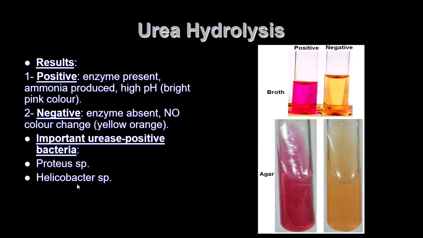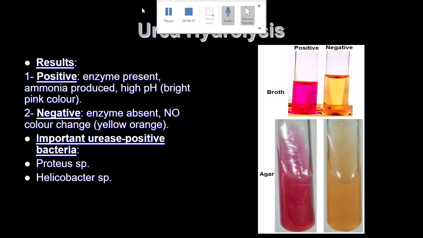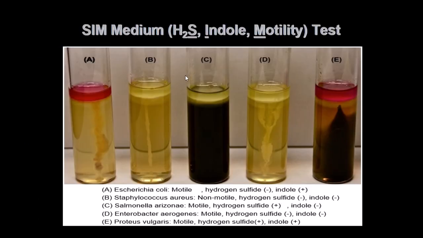No change of color means urease is not present if we are looking at the Christensen's urea media. So those biochemicals are extremely important for the identification of the enteric organisms, and to differentiate them from the rest of the normal flora.